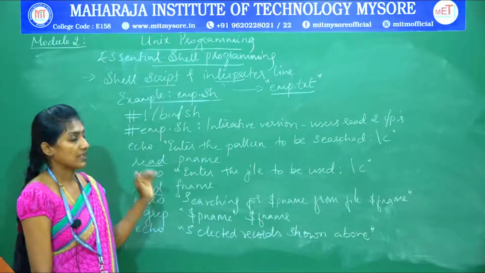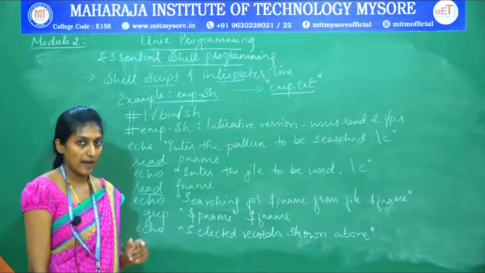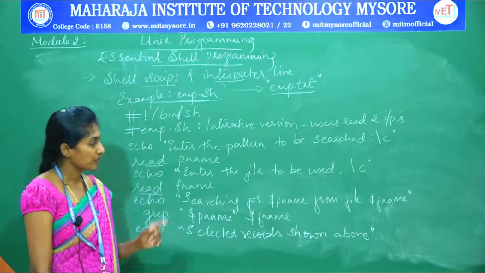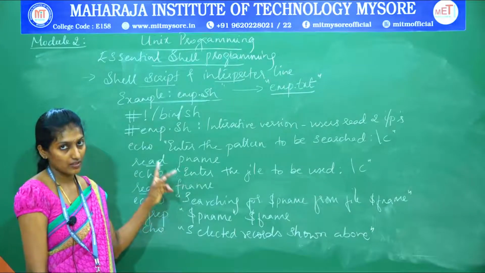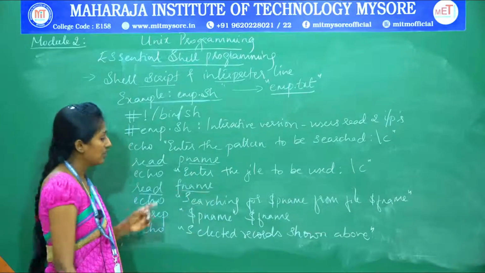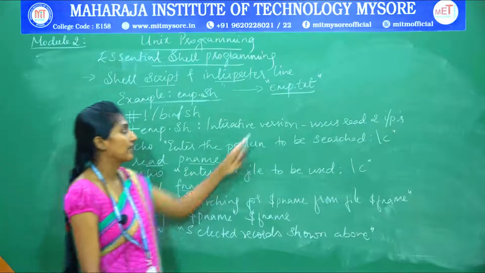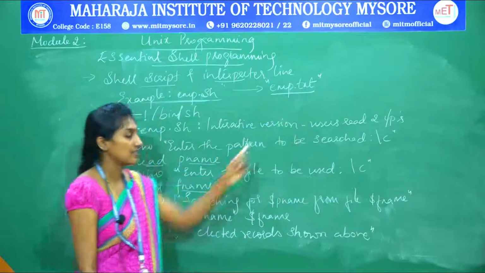So in the emp.sh script file, I am trying to read the input as a pattern from a file. So 2 inputs have been provided here. One is the pattern name and the other one is the file name. So the pattern name should be provided, followed by the file name. The file name is emp.txt.